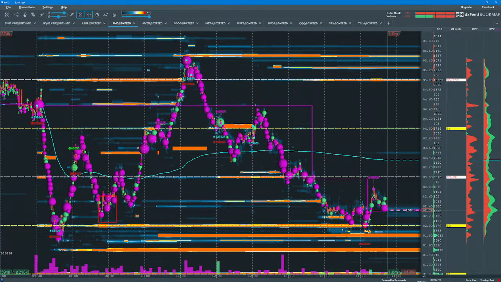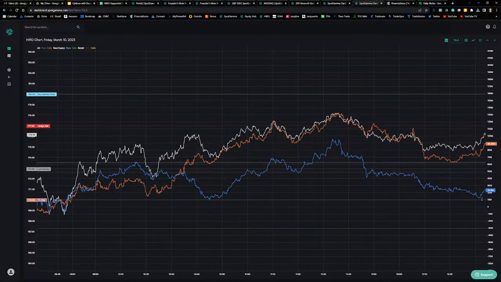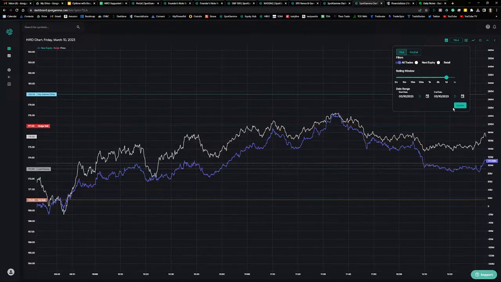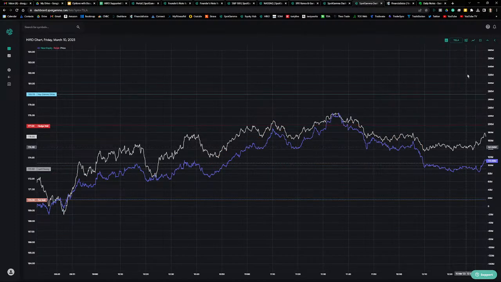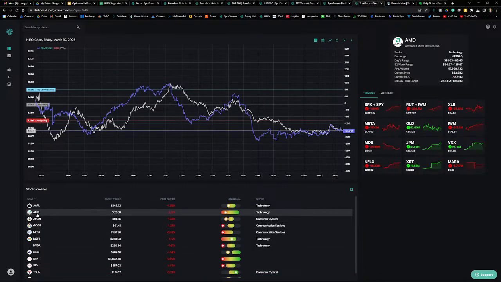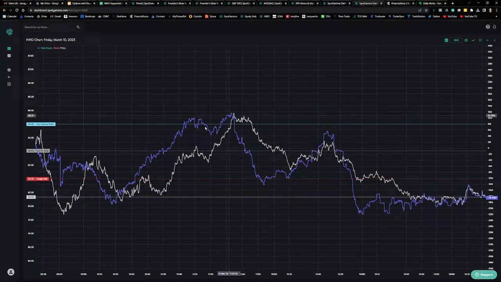Although let's take a look at Hero now. Let's go back to the total signal, and we'll take a look at AMD. This is what I saw in the morning. So here is a divergence long.